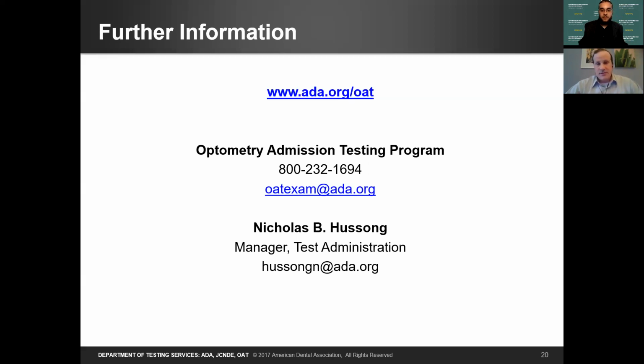There's the Dental Admission Testing Committee that oversees the Advanced Dental Admission Test and the Dental Admission Test. And then there's the Optometry Testing Committee that oversees the OAT. Those are the governing bodies responsible for the rules and regulations of the test. They set the fees and make all of the important decisions in that regard. The Department of Testing Services within the American Dental Association then enacts whatever policies and procedures they have put in place. So I hope that answers the question.